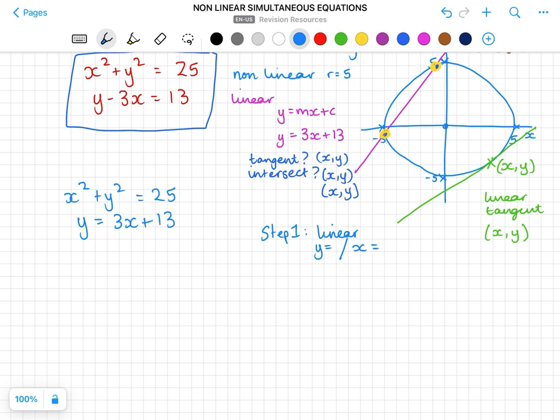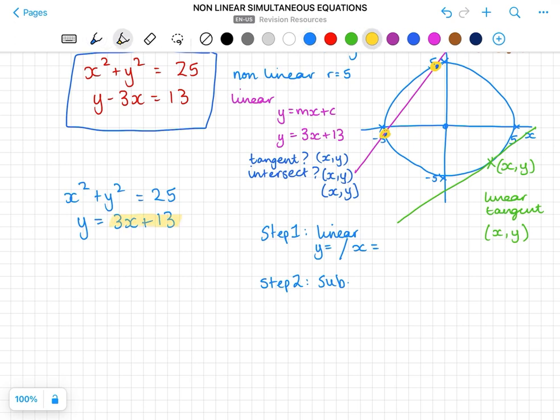The reason we're doing this is it allows us to move on to step 2, which is to substitute. Because we essentially know what y is, 3x plus 13, it allows us to substitute this into our non-linear equation.